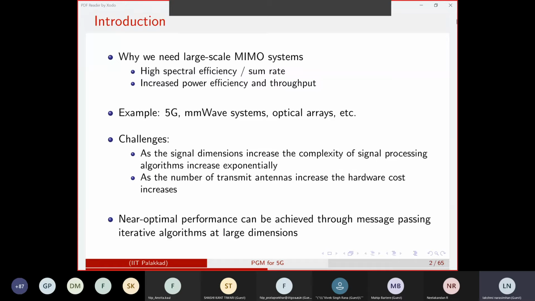So the complexity of the signal processing algorithms becomes really huge, sometimes exponentially high, so that we cannot use traditional statistical signal processing algorithms. We need something with low complexity that still performs really well. We need near optimal performance, but at a complexity which is executable by current hardware. This is where probabilistic graphical models help us.